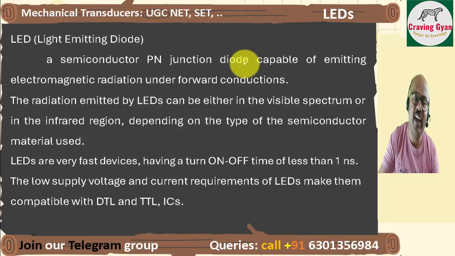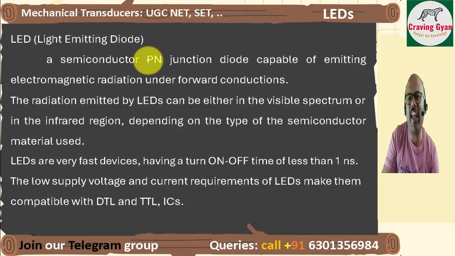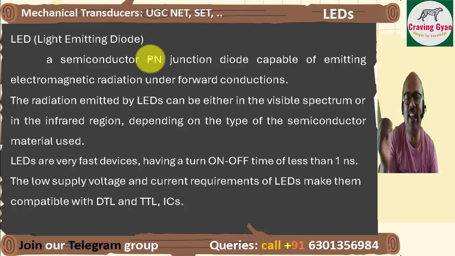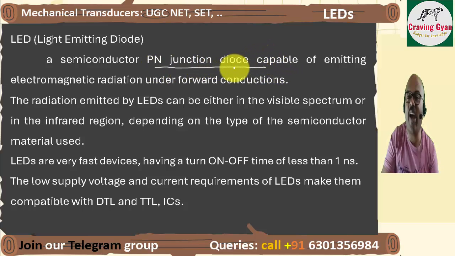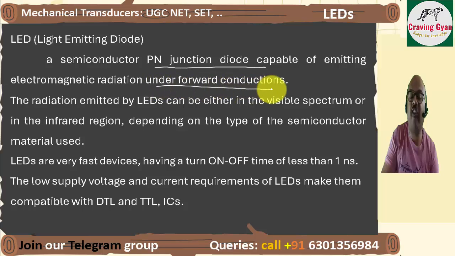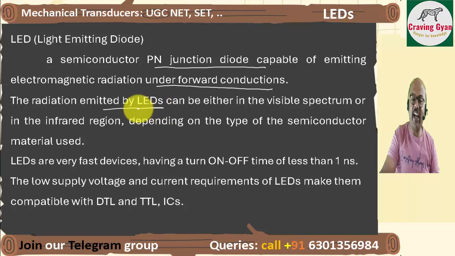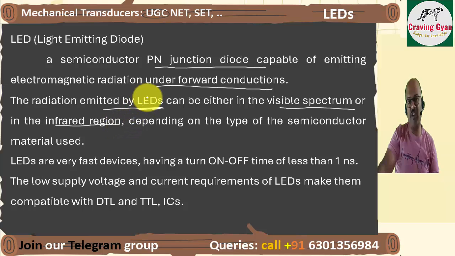They can ask. But if I am speaking with respect to an LED, when compared to LCD, you know more about LED. This is a semiconductor PN junction diode which is capable of emitting electromagnetic radiation under forward bias. Now, the radiation emitted by LEDs can be either in the visible spectrum or even in the infrared region also.